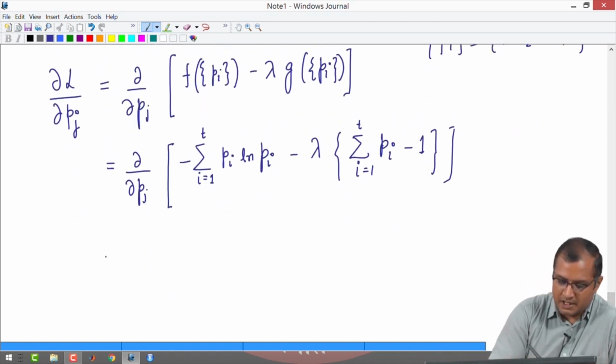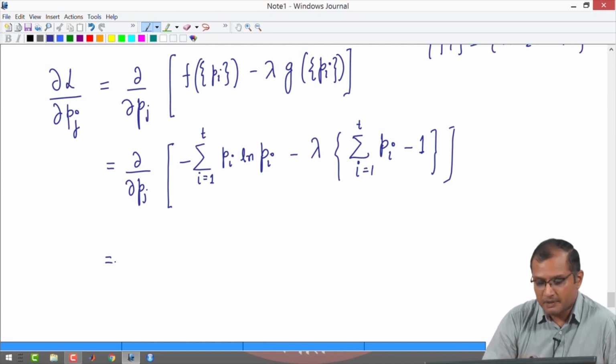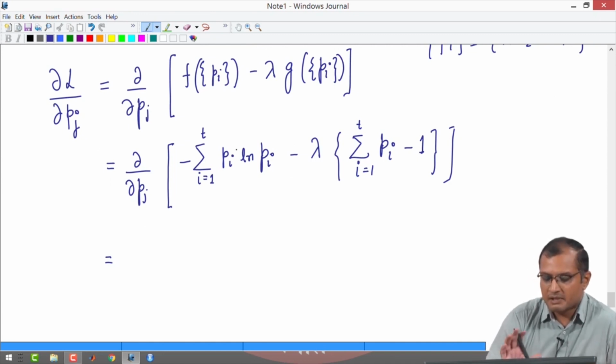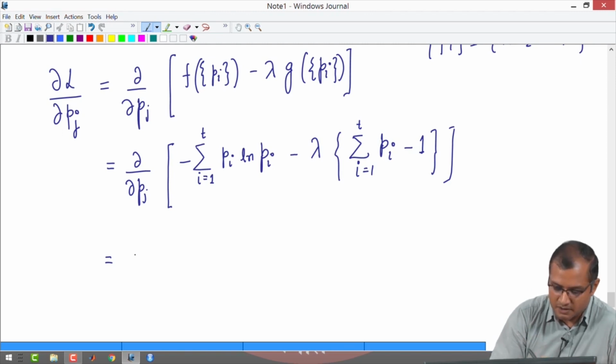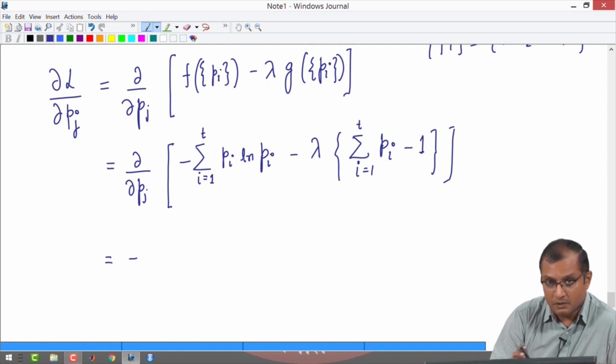So, if you take the derivative with respect to p j, only one term in this summation, where p i is equal to p j, will contribute. The derivatives of all other terms where i is not equal to j will go to 0.